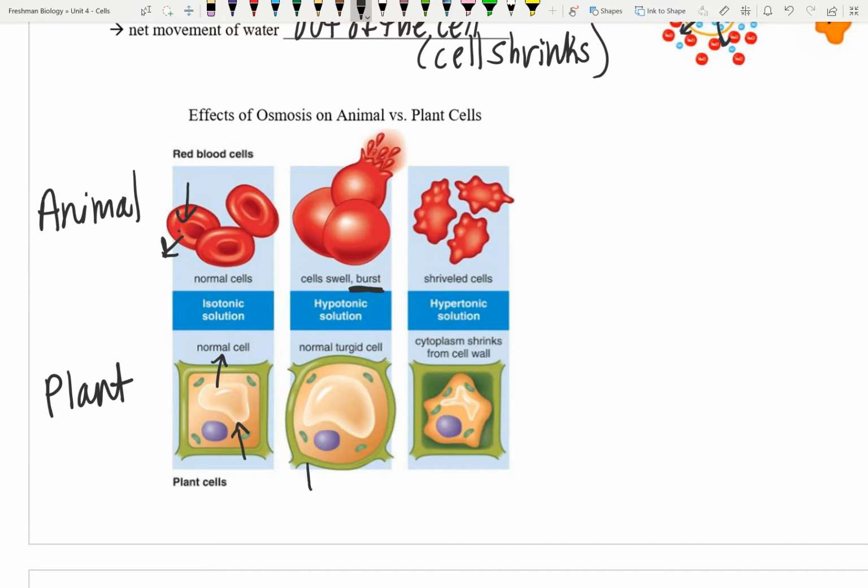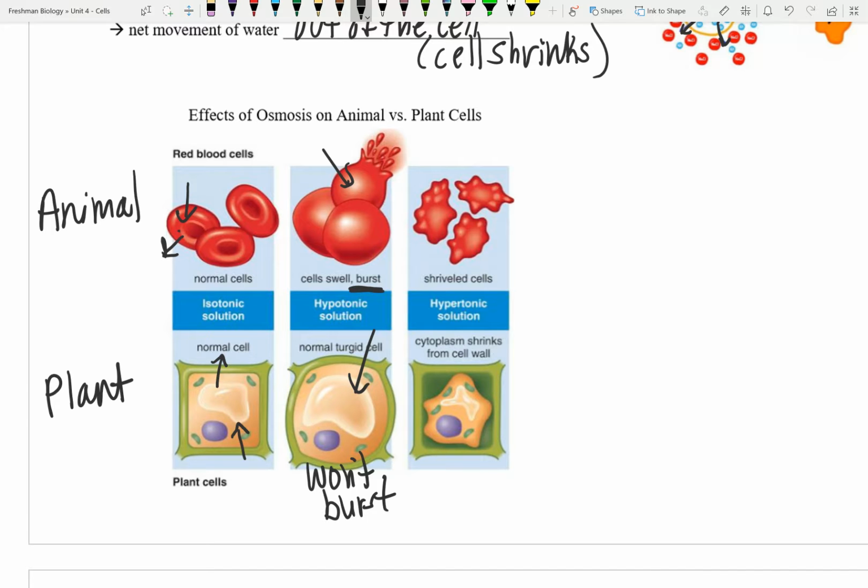Now a plant cell won't burst because of having their cell wall. So that's one thing that they're not at risk of. Here the water was entering, but the plant cell has the cell wall to prevent the bursting, whereas human cells can burst if they're around too much water.